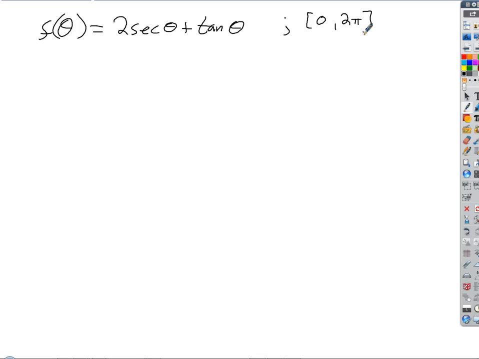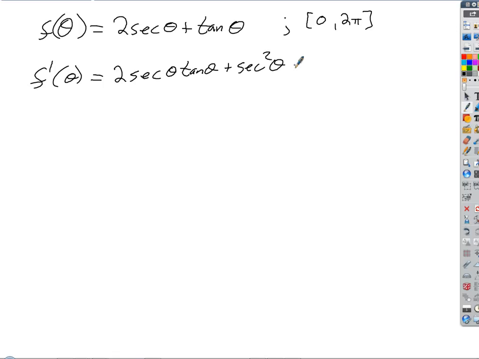Derivative. Or the chart. Differentiate. Okay, so f prime, what's this term gonna give us? Two secant theta tangent theta. If you don't remember those well, memorize them tonight, because I'm gonna give you a quiz. We gotta know those. You can't be worrying about thinking about those. It's gotta be instantaneous.